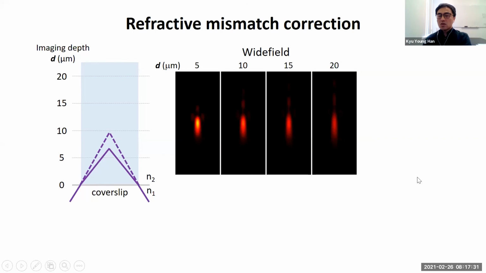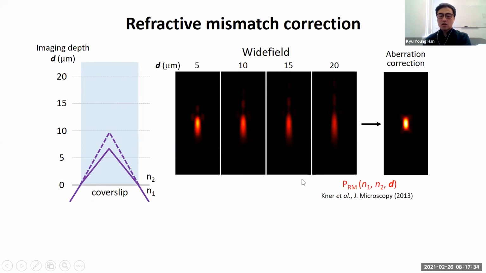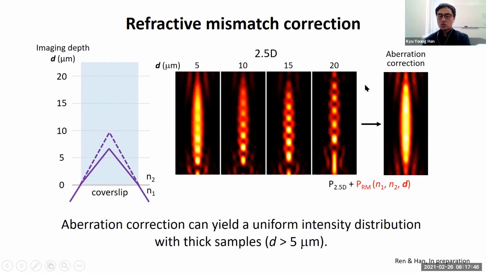But this can be easily corrected by adding a phase, because we are using a spatial light modulator. Then we could recover it. The same principle can be applied to our 2.5D approach. As shown here, depending on imaging depth, we observe significant PSF change. However, if we add an additional phase term, then we can correct the aberration.